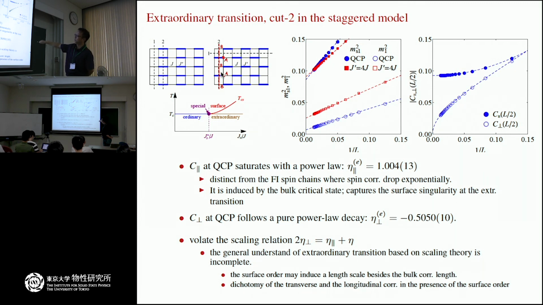These two exponents do not satisfy this simple scaling relation, which works for the special and ordinary transitions. So we have no explanation, but apparently the simple dimension counting doesn't work.